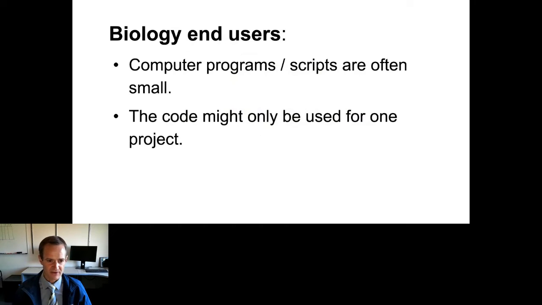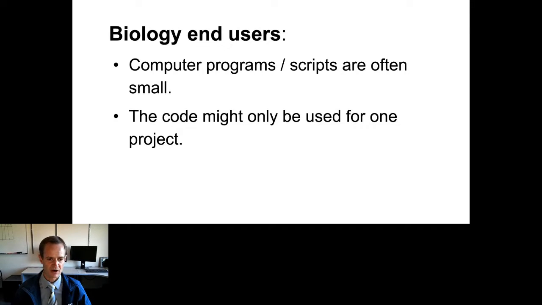In biology specifically, I don't really have data to back this up, but I think it rings true that many times when biologists are writing code, they're writing programs or scripts that are often small, maybe tens of lines of code or a few hundred lines of code, or maybe even a few thousand, but that is still relatively small compared to the code bases of many software tools.